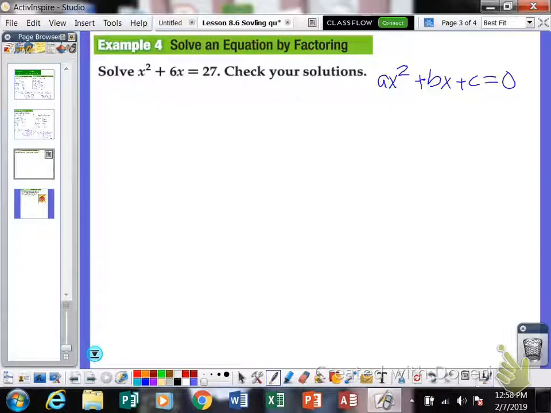So some equations of the form ax squared plus bx plus c equals 0 can be solved by factoring and then using the zero product property.